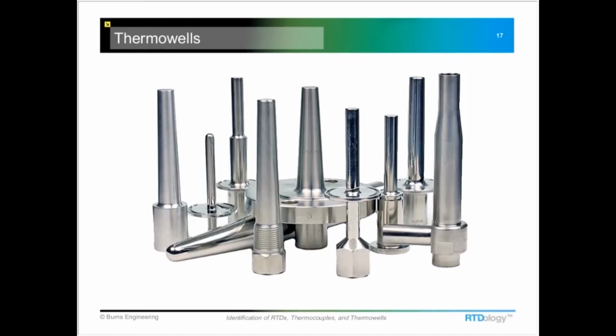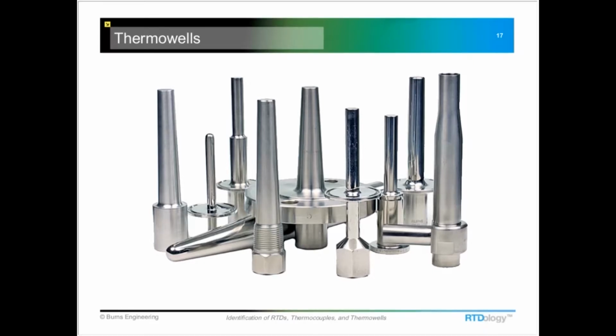In the case of Burns, we happen to put our order number on that tag as well. So if you've got the order number, most times we can trace that back to find out what that sensor was. So the key is give the manufacturer as much information as you have to help limit down what it might be that you're looking at.